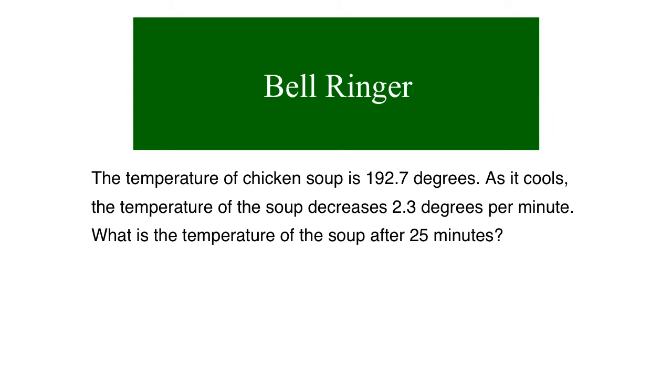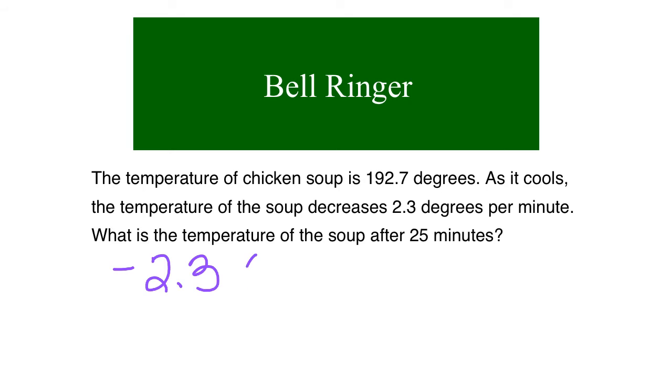On our second bell ringer, the temperature of chicken soup is 192.7 degrees. As it cools, the temperature of the soup decreases 2.3 degrees per minute. What is the temperature of the soup after 25 minutes? First thing we want to do on this problem is find the change in the temperature. We know that the temperature is going to decrease 2.3 degrees per minute, and we're going to do this for 25 minutes.